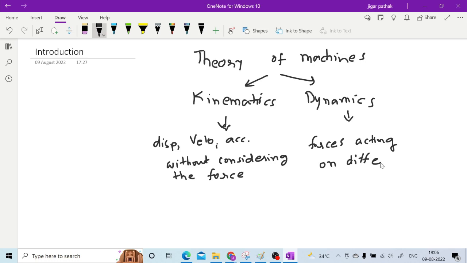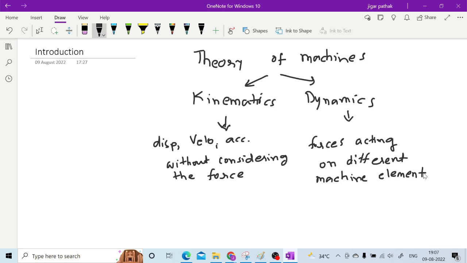As mentioned in your syllabus, dynamic balancing and dynamic forces, right? So in dynamics of machinery, you must have studied the forces acting on the crank pin or torque generated at the crank pin in the piston cylinder arrangement, and inertia forces and all you must have studied in dynamics of machines.